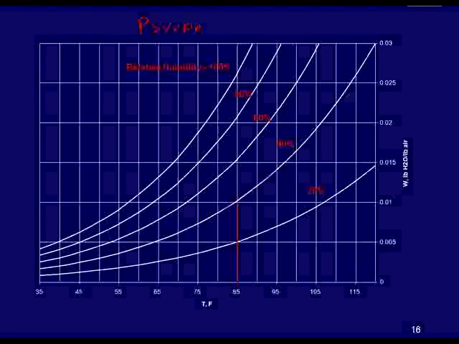And that's a very handy tool to use, the psychrometric chart. Here you see you have different lines for different relative humidities. This is called the saturation line, or saturation curve, where air is saturated with water. And the relative humidity here is 100%.